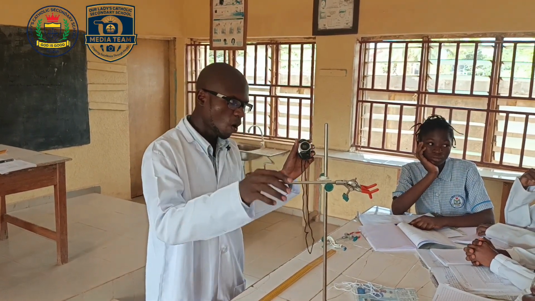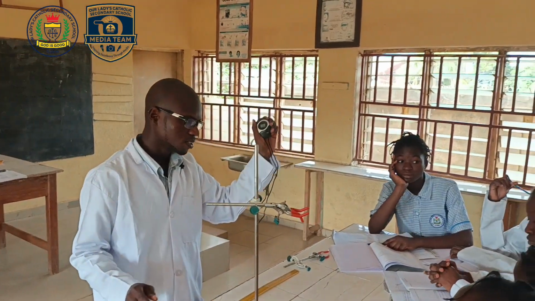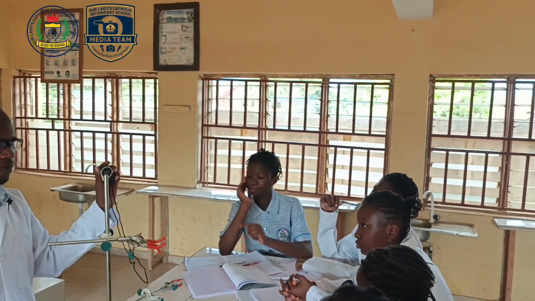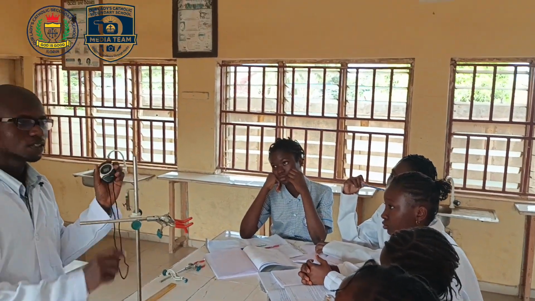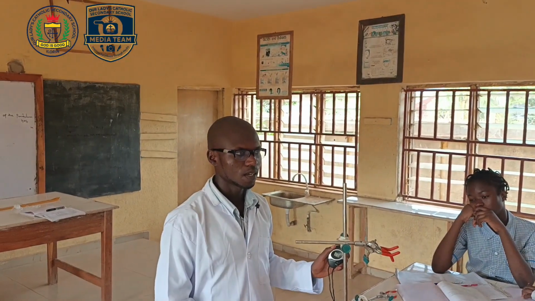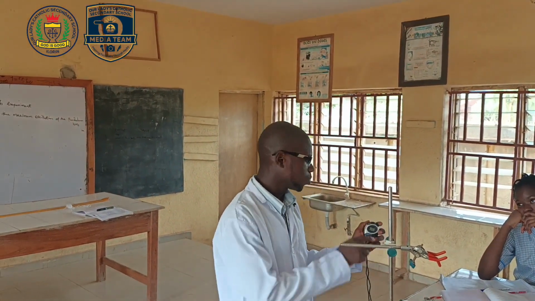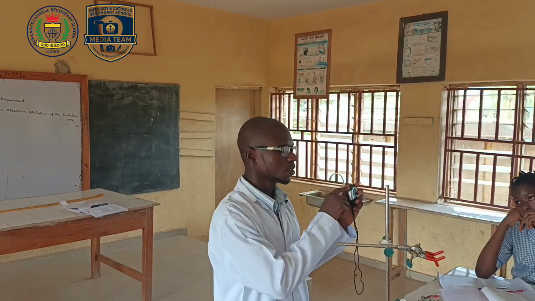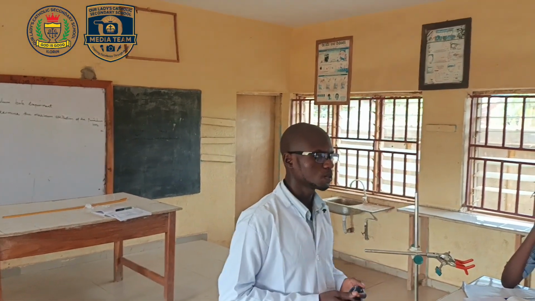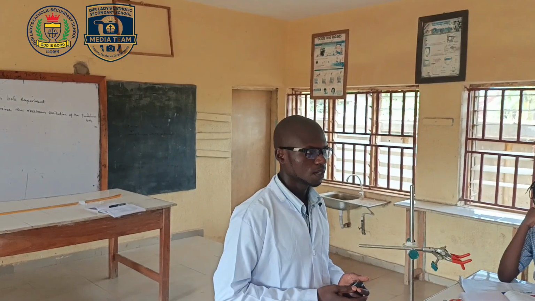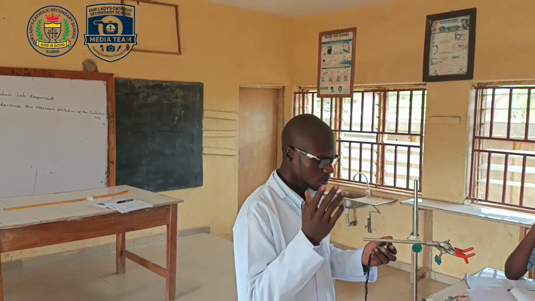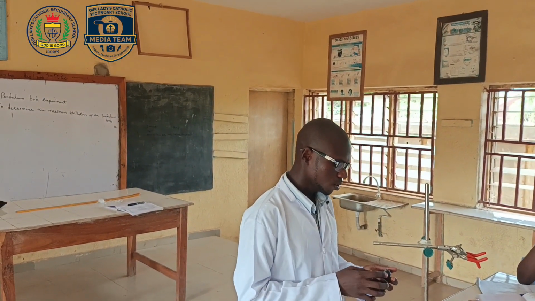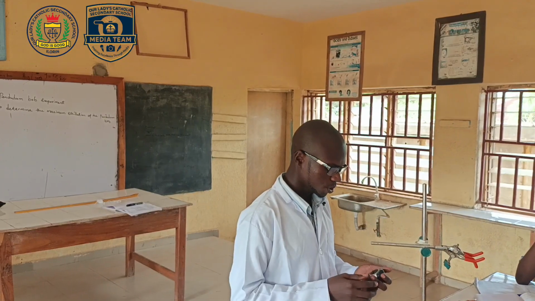Then when you are done with the 20 oscillation, the same place you stop it. Once you stop it, you take down the time. If you want to take another one, you come to this reset. There's reset here. So when you press the reset, you come back to 00. Then you start again, you stop like that. So that is how the stopwatch works.